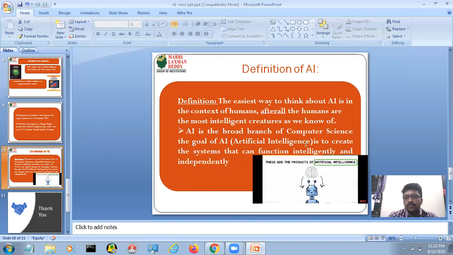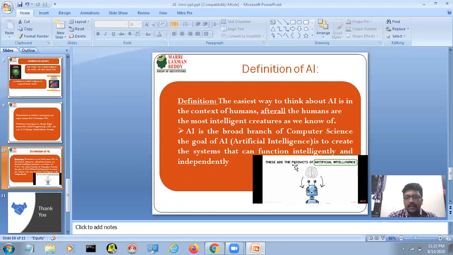AI is a broad branch of computer science. The goal of AI is to create systems that can work intelligently and independently. From these pictures, you can understand how a human thinks; similarly, a machine should also think and act according to humans, doing the tasks that humans do.